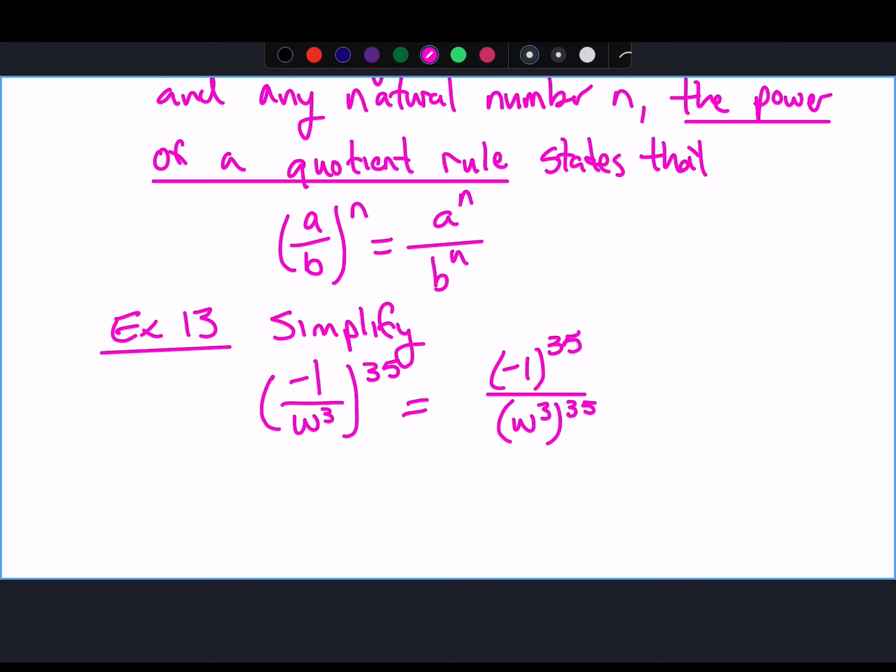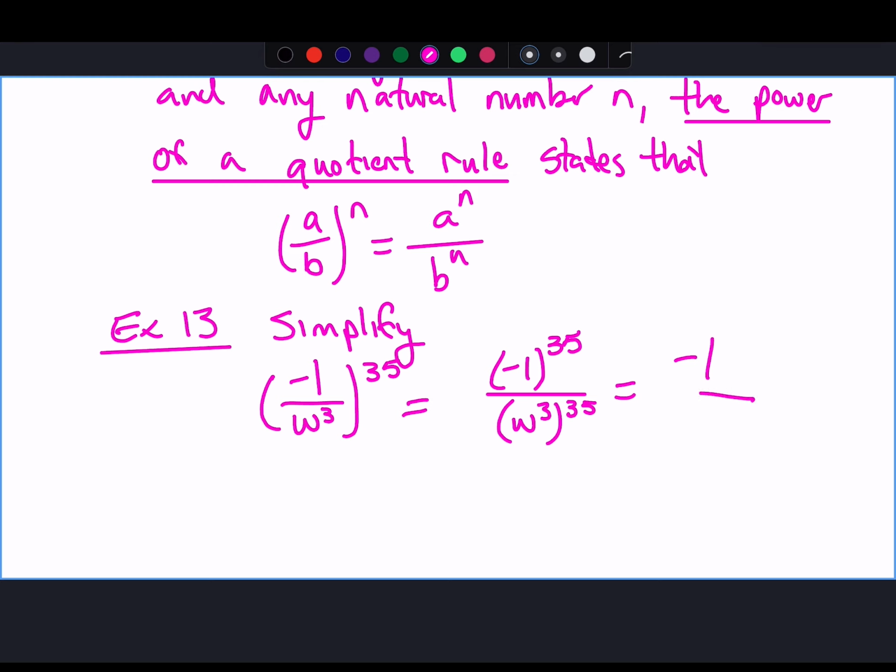Now, 1 and -1 have this really cool property that when you raise them to a power, it's either 1 or -1, right? Really, -1's the one that has the property. Because we have an odd number of factors, what does the numerator become? Just -1.